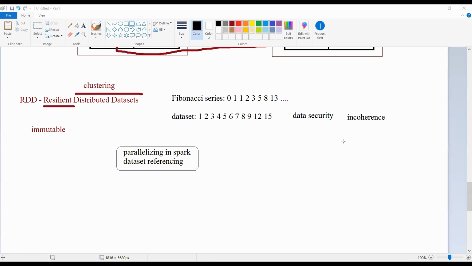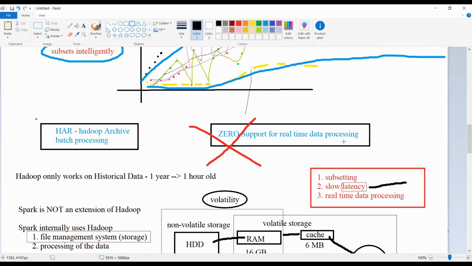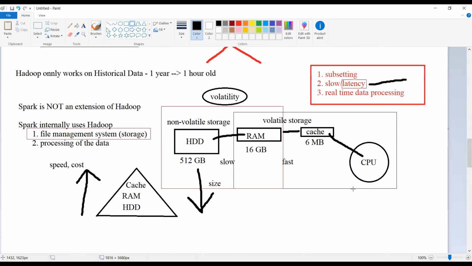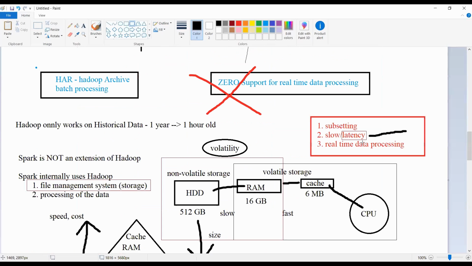I mean, faster than the actual MapReduce, because this data dividing and all these concepts came into the picture when you're talking about MapReduce. This segmentation: Spark uses an intelligent way of subsetting.